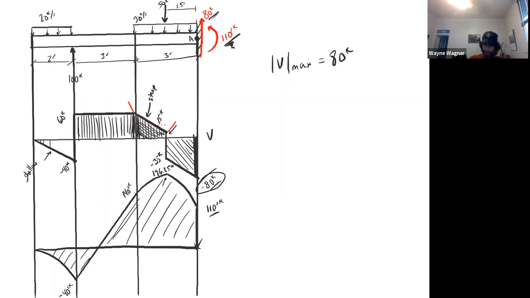So if this thing were to break due to shear, it would break right here, right next to A. And if it was to break due to a moment, it would break right here, whatever that value is, because the max moment there is 196.25 foot kips.